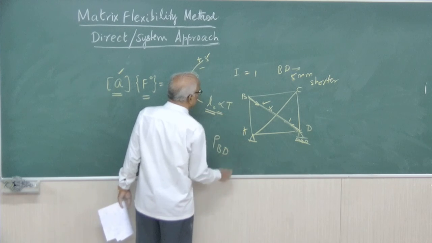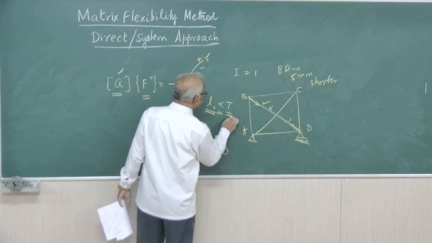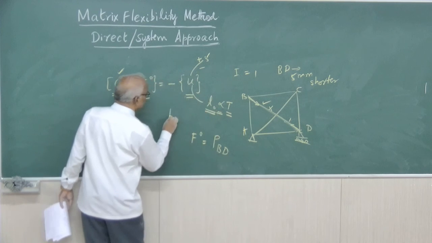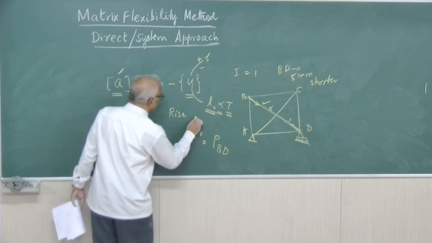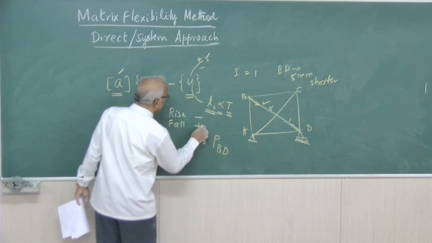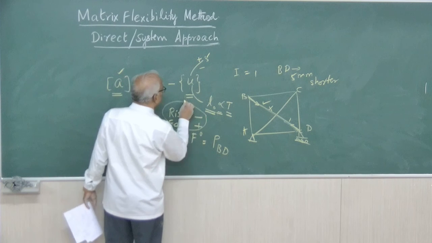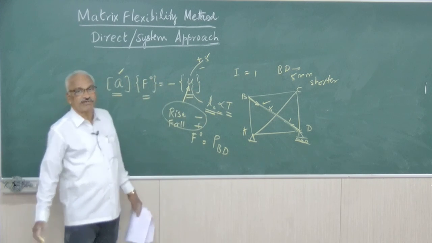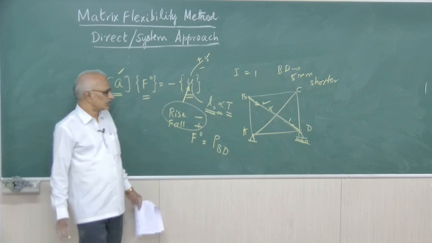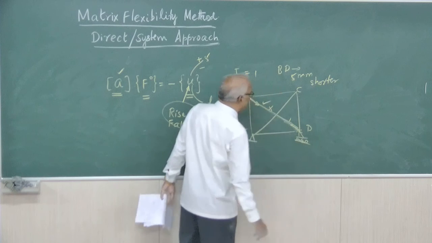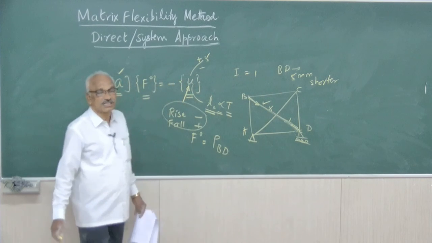Alpha is the coefficient of linear expansion. T is the temperature. If it is temperature rise, use minus sign. If it is temperature fall, use plus sign. So this is the value of U, U equal to L naught alpha T.